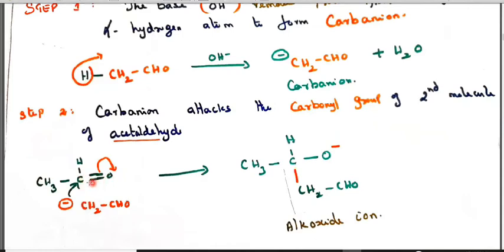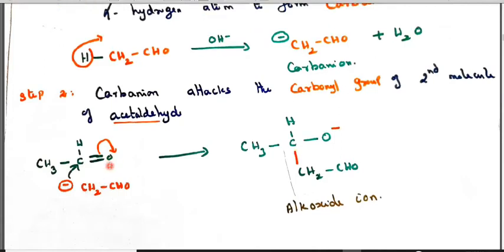Carbon has an electronegativity of 2.5, but oxygen has 3.5. Oxygen's electronegativity is high, so it attracts the electrons towards itself and carbon acquires a positive charge. So easily this CH2CHO carbanion attacks this carbonyl carbon.